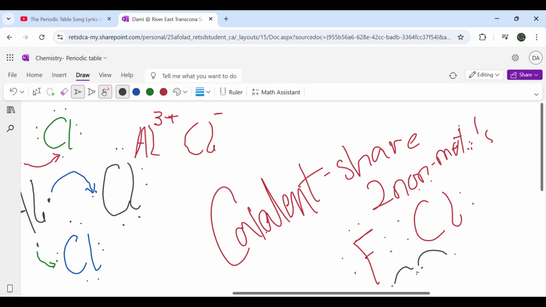They have two that float in between them, and they're connected. This creates molecules, not ions.